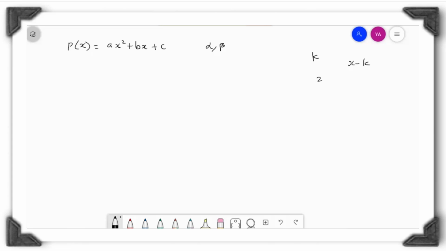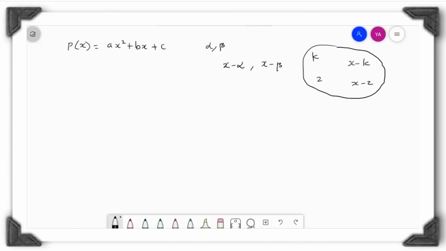If 2 is a zero, then x minus 2 will be a factor of p of x. So here, if alpha is a zero of p of x, x minus alpha will be a factor of p of x. And if beta is a zero of p of x, then x minus beta will be a factor.